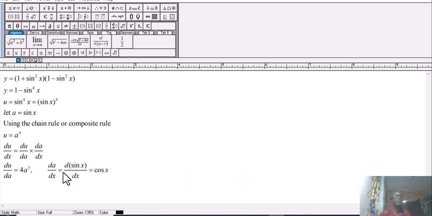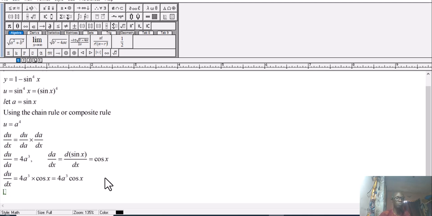So we have that. So that will now be du over dA, which is 4a cubed, times dA over dx, which is cos x. So we now have 4a to the power of 3 cos x.